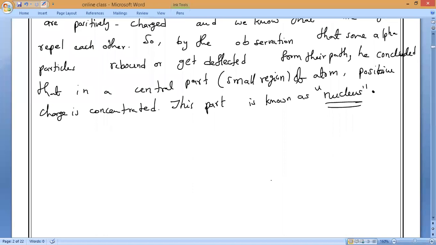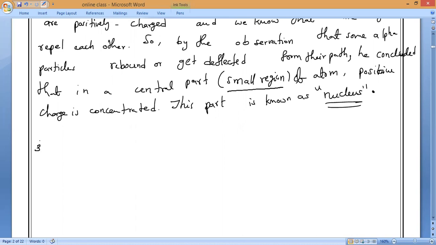Next. As he noticed, only a very small region is showing the deflections. So whenever he passed the alpha particles, the deflection is shown by an extremely small region of the atom. So from that we can say, the size of the nucleus is big or small? Very small, sir. That is the third one. Very small size of nucleus.